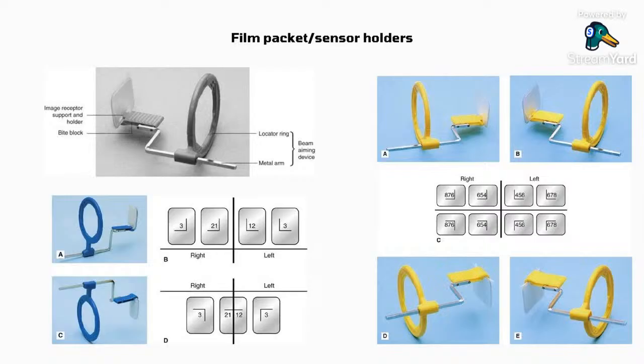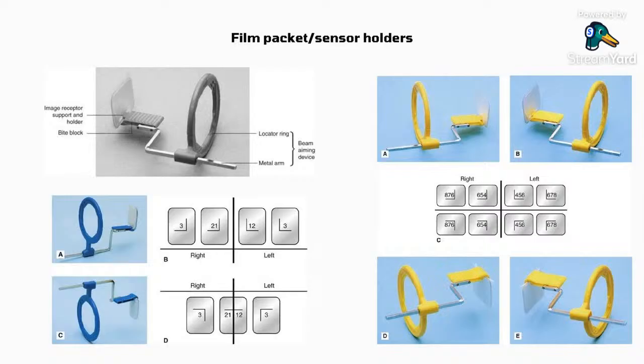Now, if you look at the picture below this black and white picture, the one with the blue cone indicator, you can even see it says 2, 1, and 3. These are for the anteriors, the anterior maxillary and the anterior mandibular. These sensors are normally the size of 22 by 35 mm, and you can see that the long axis is vertical.